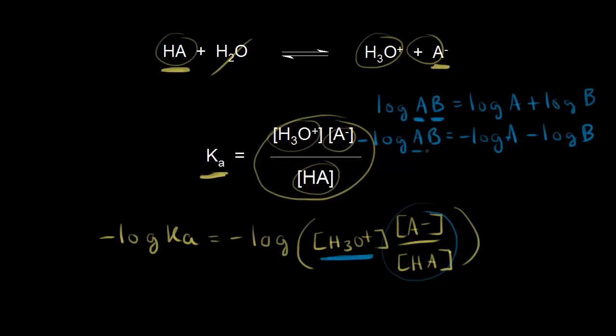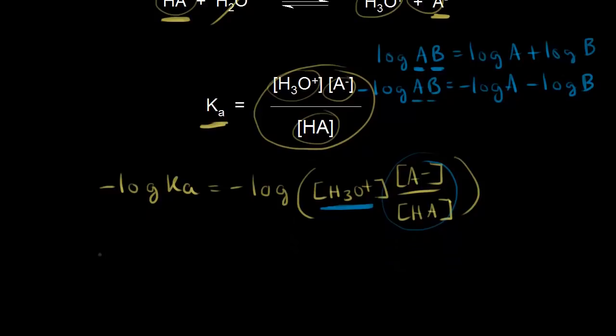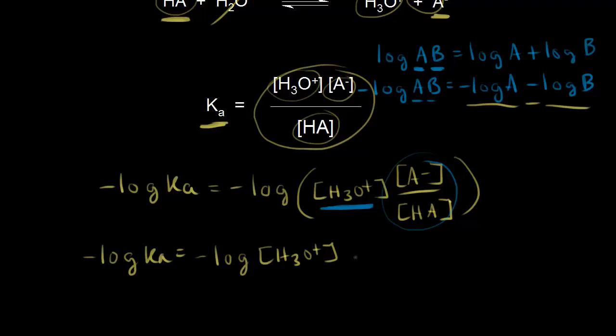So let's think about what that would give us now. Let's get some more space, and let's think about our log property. On the left side, we have negative log of Ka, and on the right side, we would have negative log of the concentration of H3O+, minus the log of B, which is the log of A- over HA.